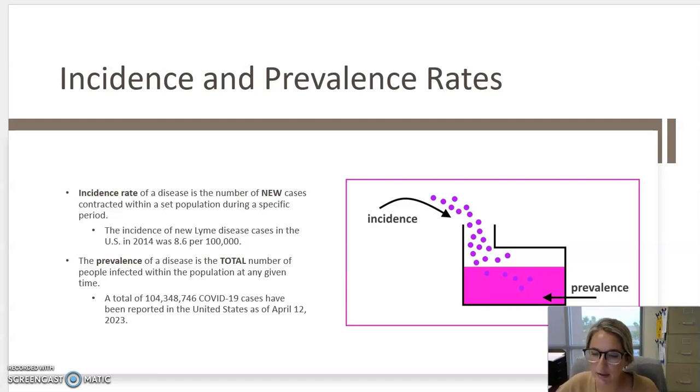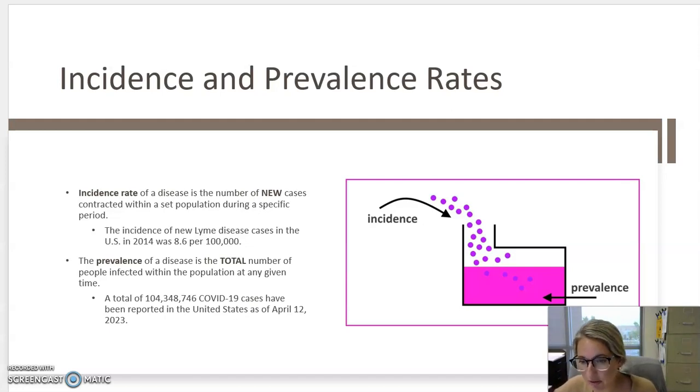So that tells us the disease is still progressing within the population. However, once that incidence rate starts to drop off and week by week we continue to see a lower and lower number of new cases, that's telling us the disease is no longer progressing as rapidly within the population, whether that be because individuals have gained immunity or they have acquired a vaccination.